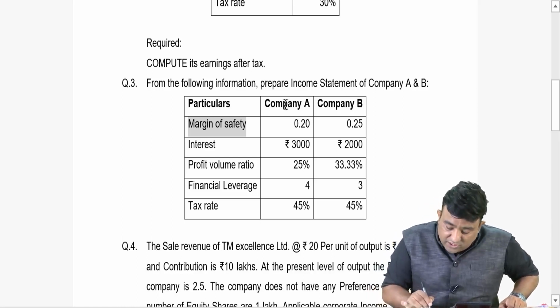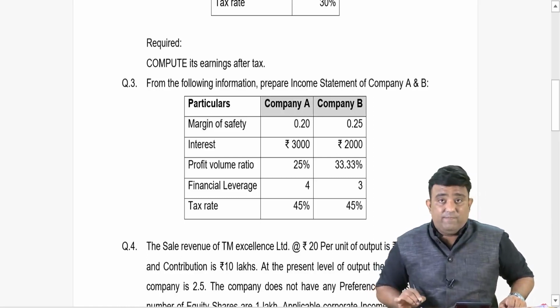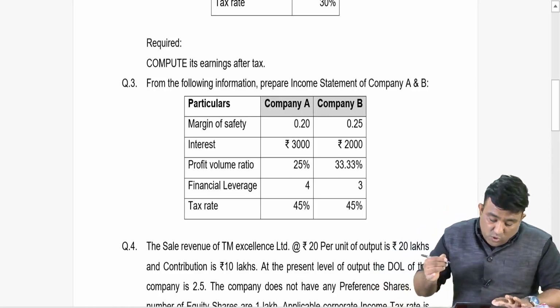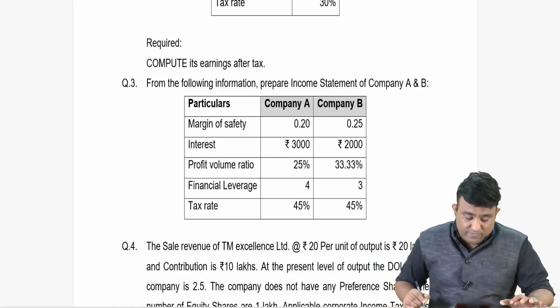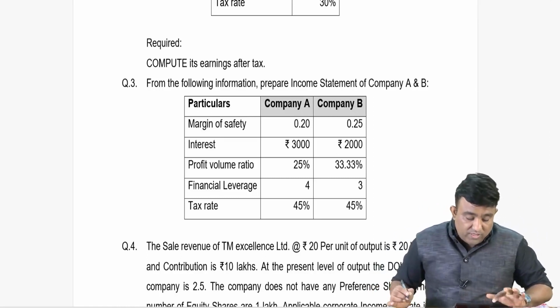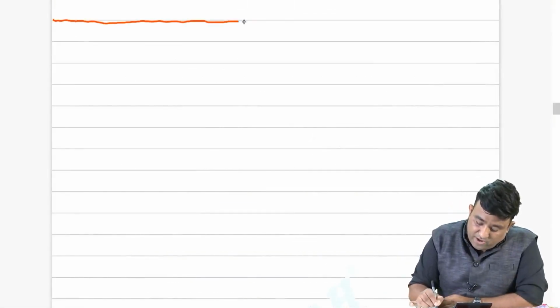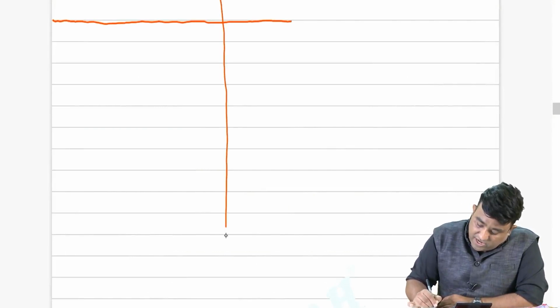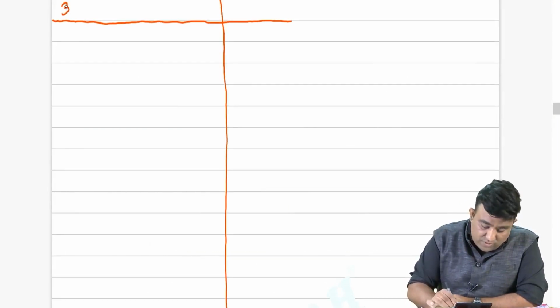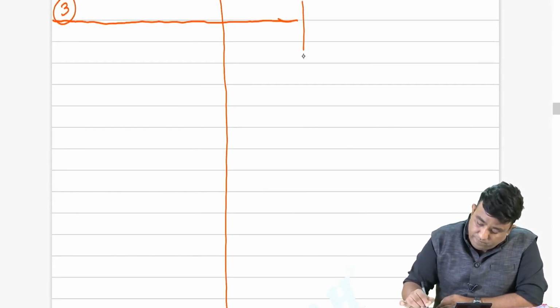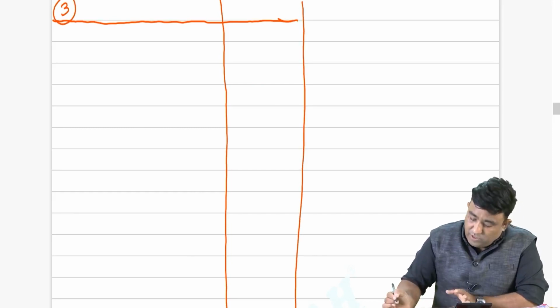Student, I will be just concentrating on company A. Thereafter, company B, you can take it at your own level. Come to the example. Yes. Student, if I just prepare income statement, that is question number 3. It goes like this.